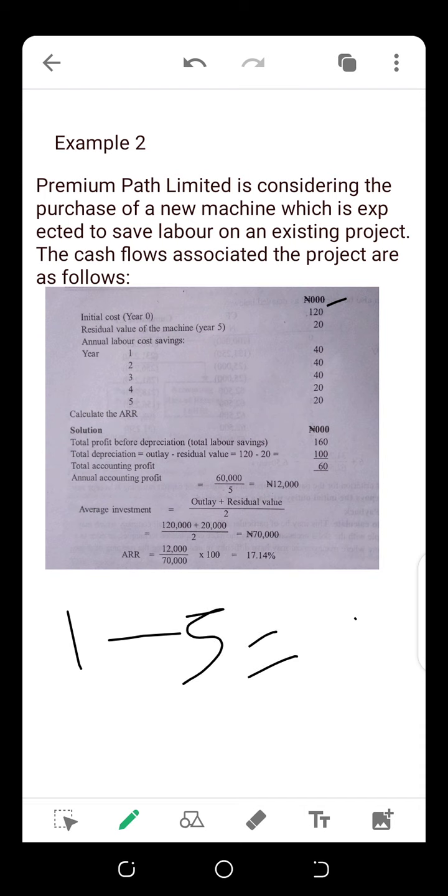You will see that the total profit that they have before any distribution takes place is 160. But the profit we always need is the profit after all accounting expenses have been charged, and depreciation.